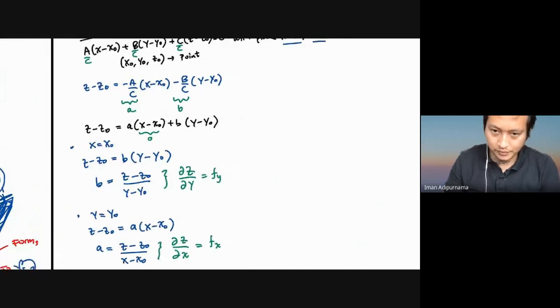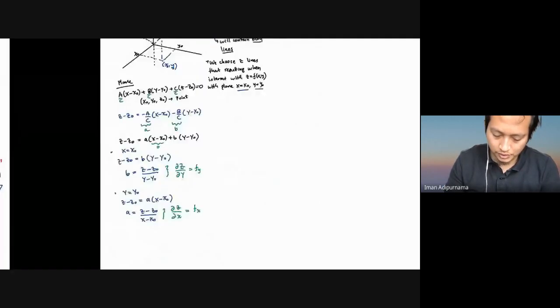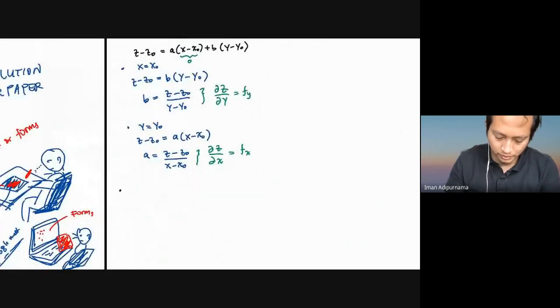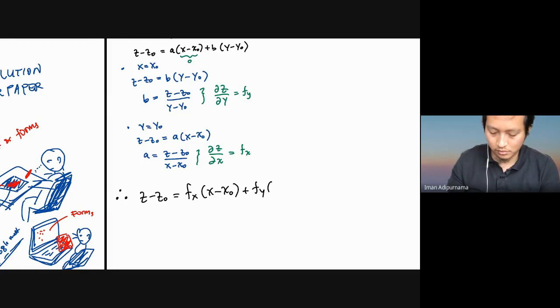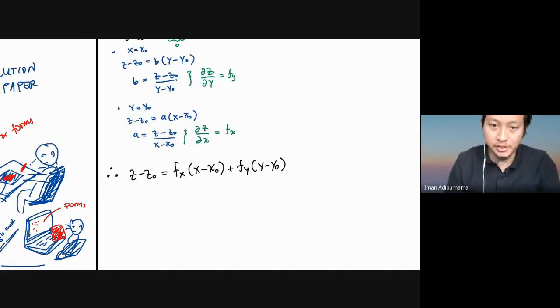So we can have the conclusions. Let me write the conclusions here. The equation of the plane will be, okay. I'm trying to simplify the equation in your textbook.